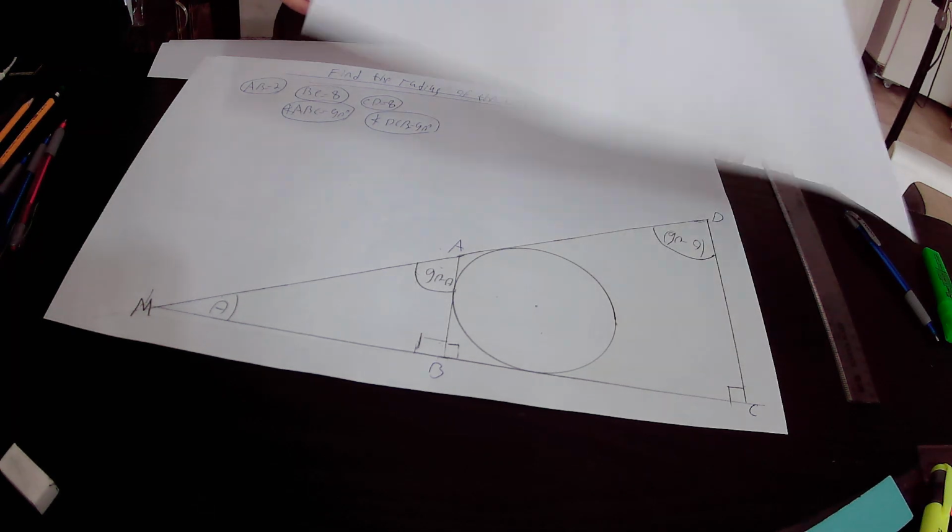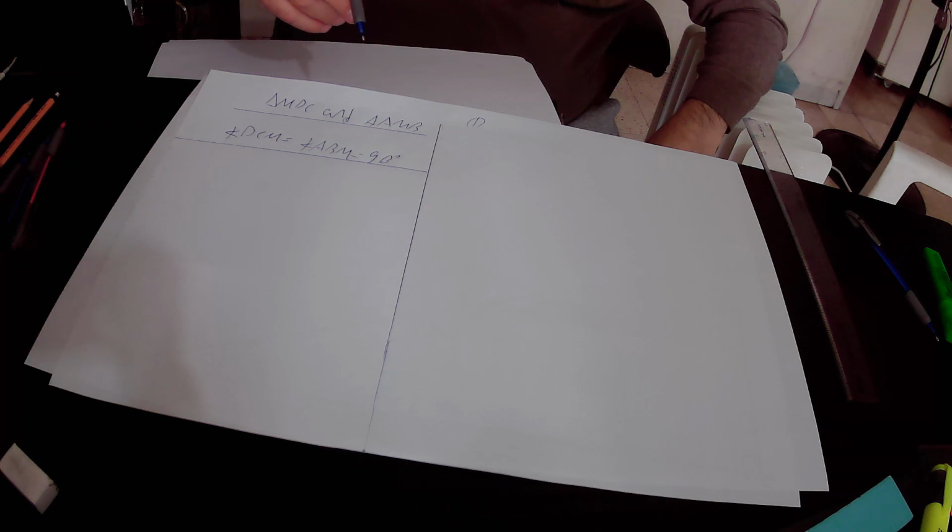Angle DCM in the big right triangle MDC is equal to angle ABM in the small right triangle AMB. They are both equal to 90 degrees, therefore they are equal to each other.